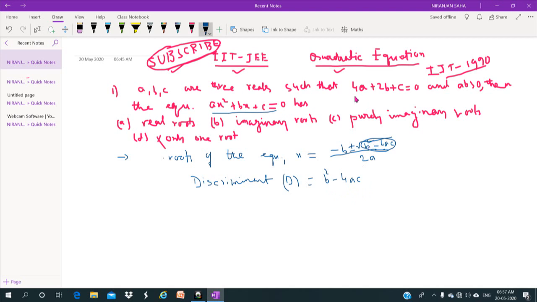So we have some given conditions, and we have to use these.